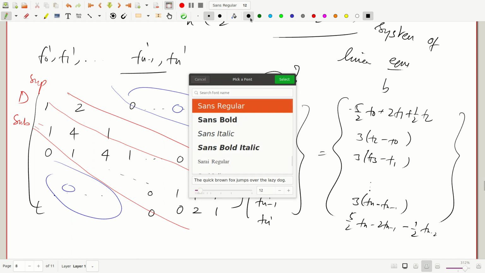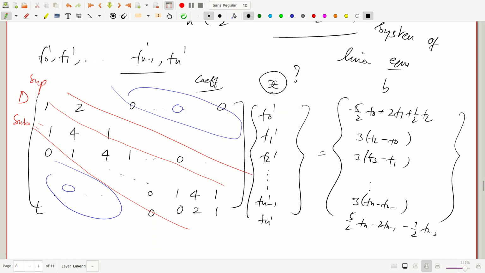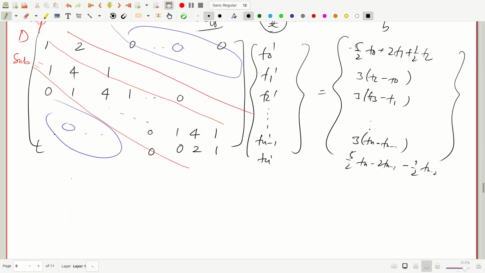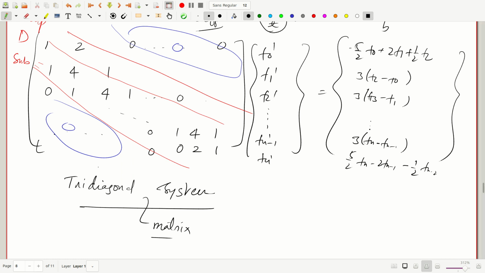So we end up with a tri-diagonal system, a matrix in which only the main diagonal and the one sub and super diagonals have non-zero elements, and everything else is zero.